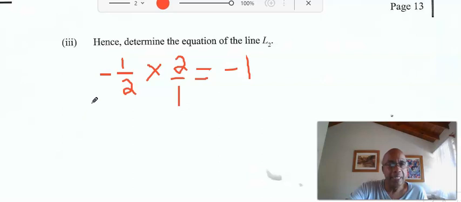Let me put M for gradient. The gradient of L2, so that means the gradient of the line L2 equals 2.